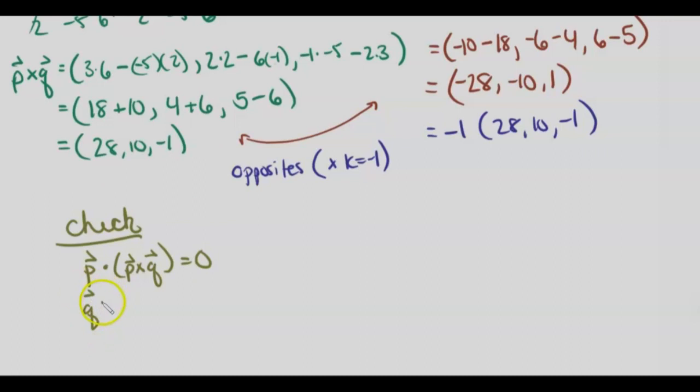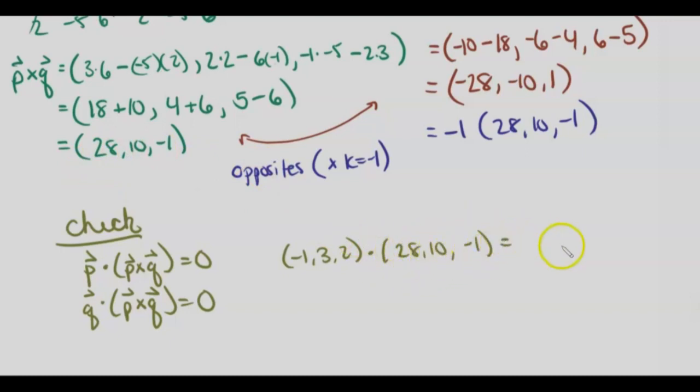We should be able to do the same thing with vector Q, because vector P and vector Q should both be perpendicular to the answer that the cross product yields. So we'd have vector P, which is -1, 3, 2, and we would do the dot product of that and our perpendicular vector, 28, 10, -1.